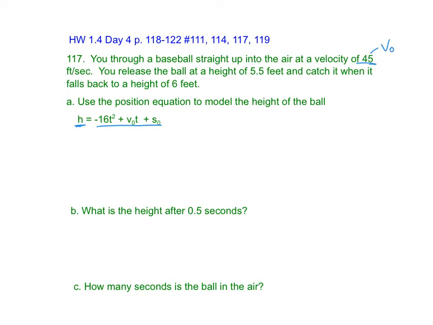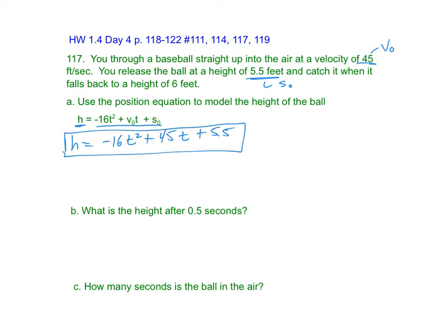So v naught is 45 feet per second. And the initial height is where you release the ball, which is 5.5 feet. That's going to be s naught. So the height equation at any time t is going to be negative 16t squared plus 45t, the initial velocity, plus 5.5, which is s naught. That's the answer to part A.